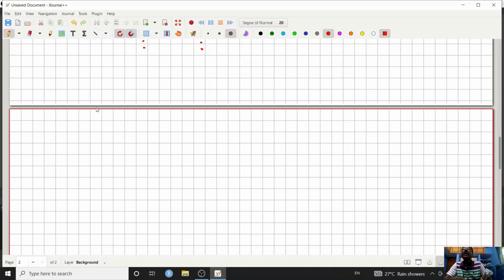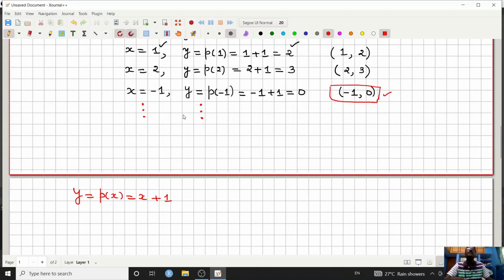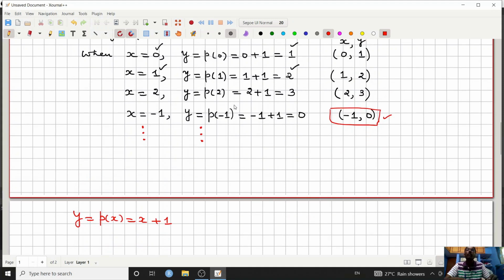So this is the graph, that this is y is equal to p of x, and that is equal to x plus 1. And what are the points that we have obtained? Because we are going to draw the graph.